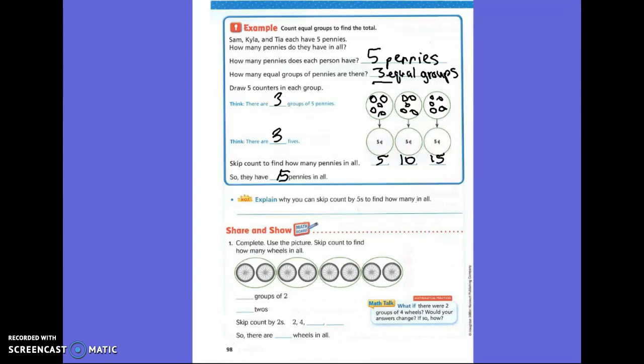Yes, they have the same number. There is an equal amount in each of the groups. Okay? They are the same number in each group, aren't they? Okay. So there is an equal amount.